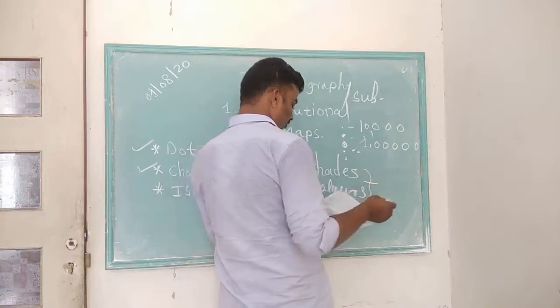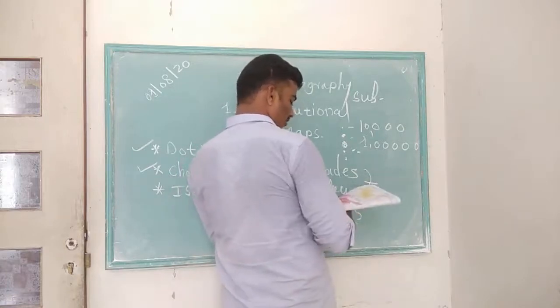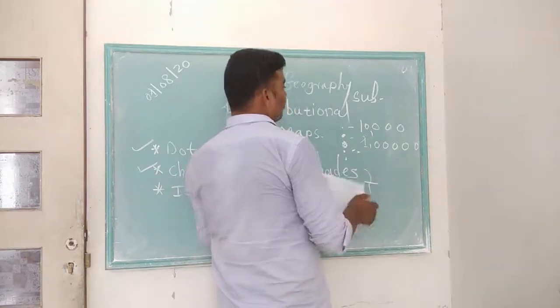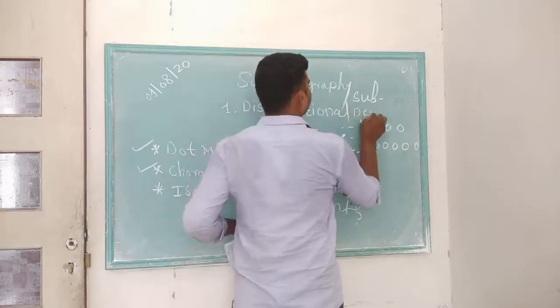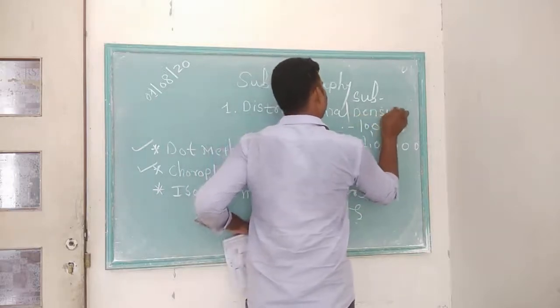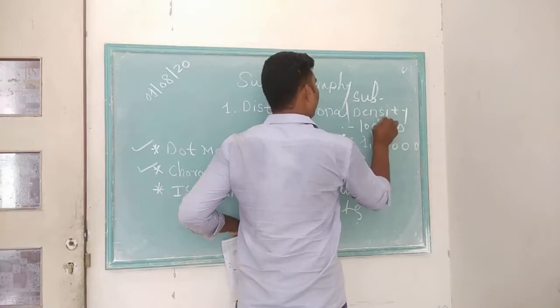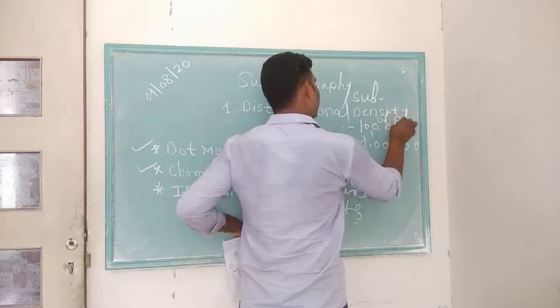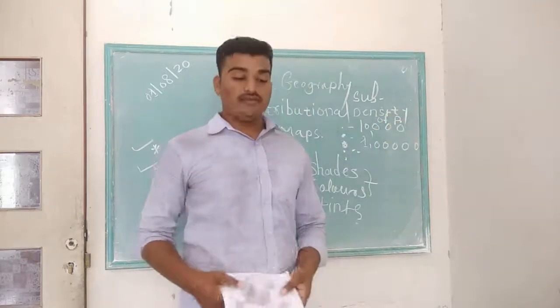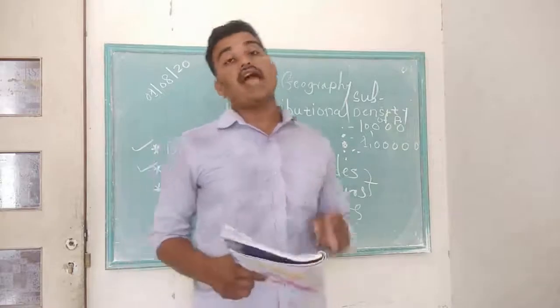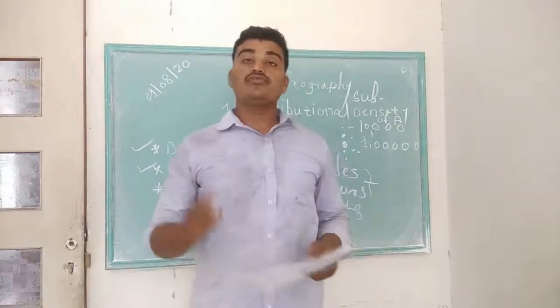Here we have one of the choropleth maps, showing density of population. If we want to show density of population, then we have to use only one subject.